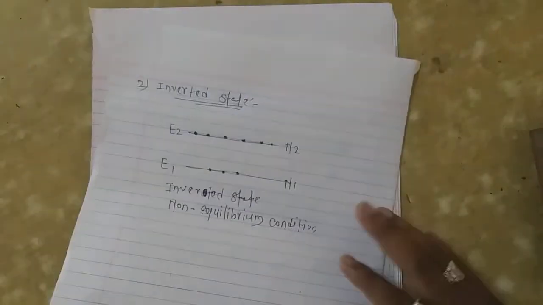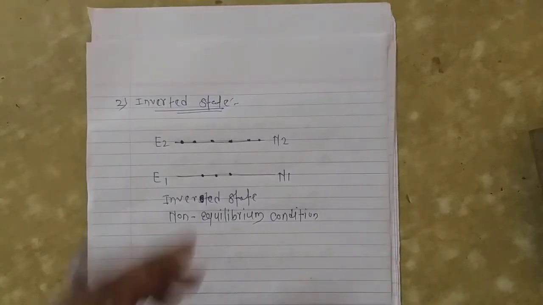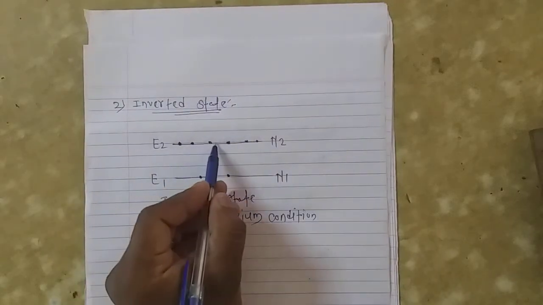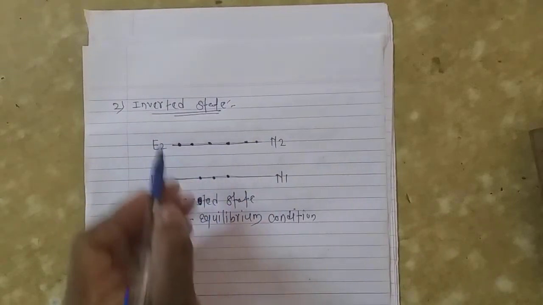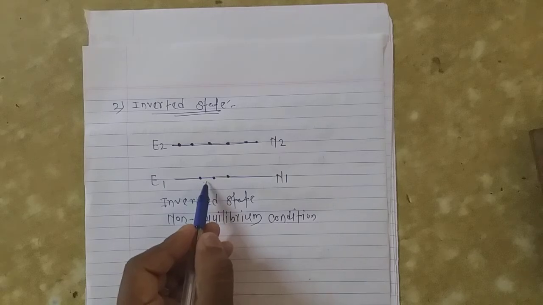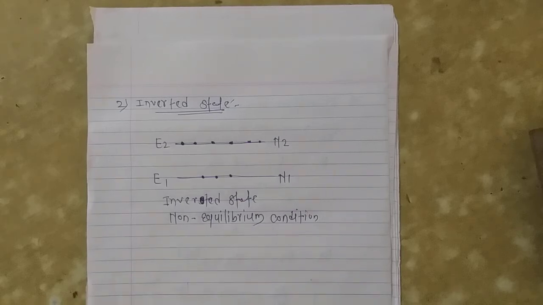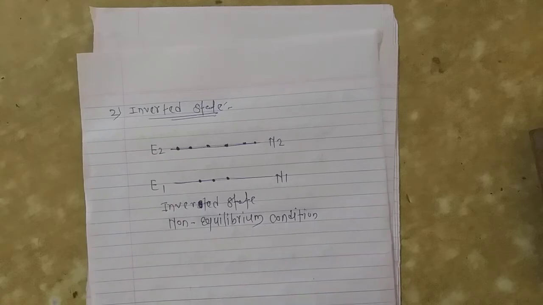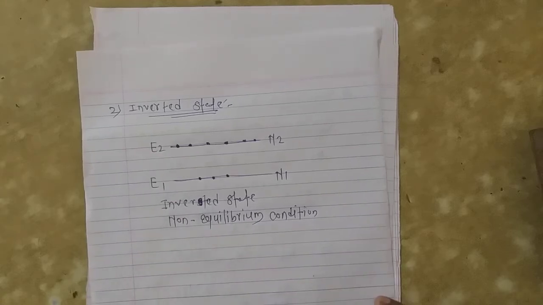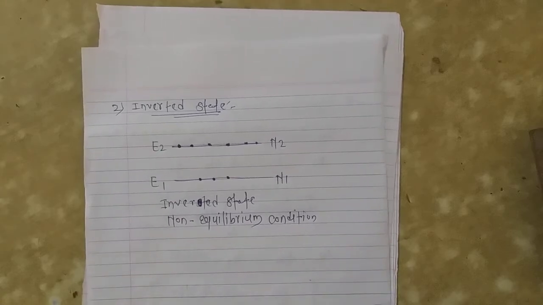In this inverted state, the number of atoms in the excited state is more than in the lower level, because in the non-equilibrium condition we incident an external light source, and then atoms jump into the excited state. We saw that this is absorption in the previous lecture.